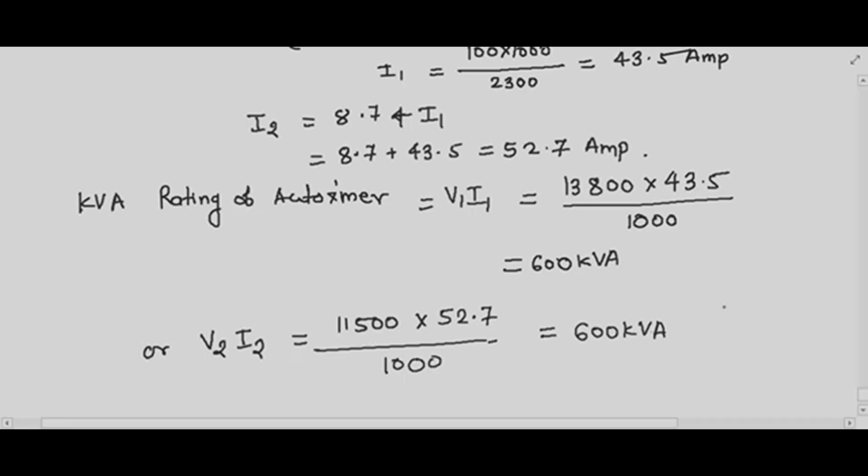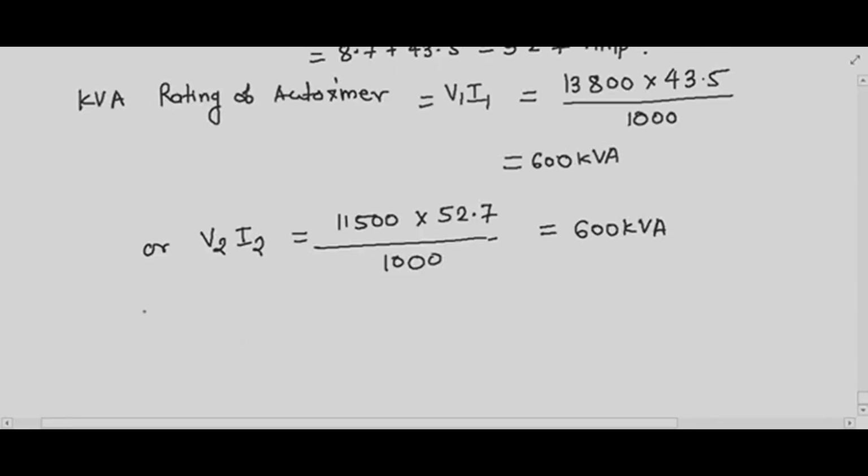Now what is the volume of your auto transformer? The volume of the auto transformer is equal to 1 minus 1 upon K, right? What is K? K is nothing but V2 by V1.